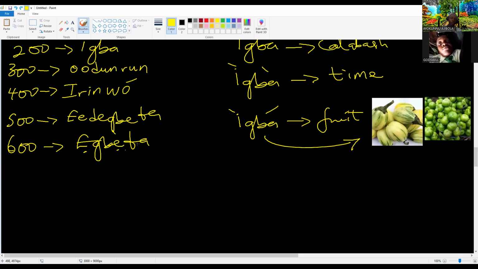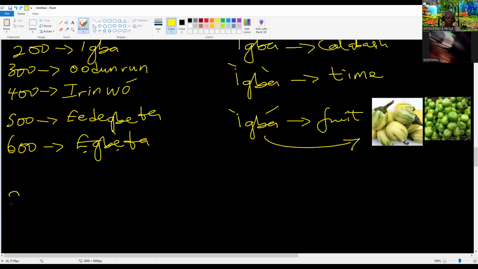We are removing 100 because igba is 200. Ọ̀ọ́dúnrún is 300. Irinwó is 400. Igba mẹ́ta, that's ẹgbẹ̀ta. Ẹgbẹ̀ta is what? 600. Ẹ̀ẹ́dẹ́gbẹ̀ta is what? 500.